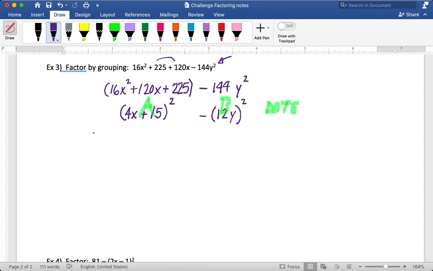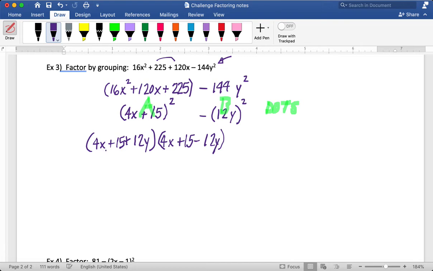So dots always factors as A plus B times A minus B. My A is 4x plus 15, and my B is 12y.